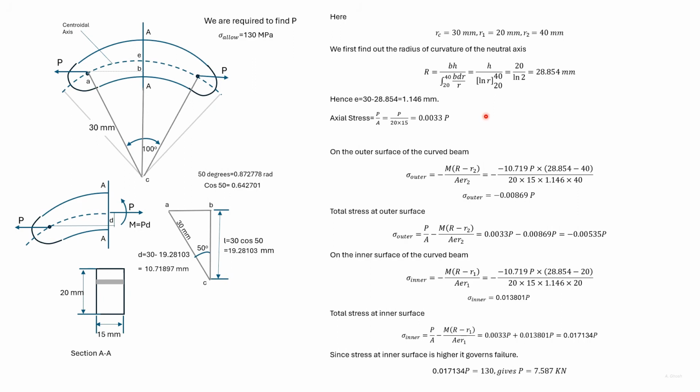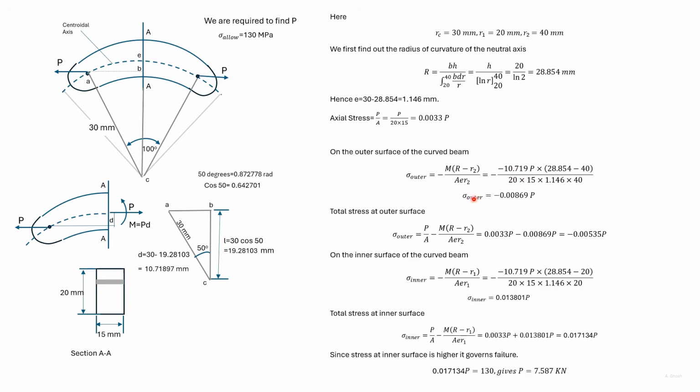We can now find the stresses in terms of P. Axial stress is P divided by the area. The stress on the outer surface is given by this expression. Here the moment is applied so as to reduce the curvature, so the moment is negative.